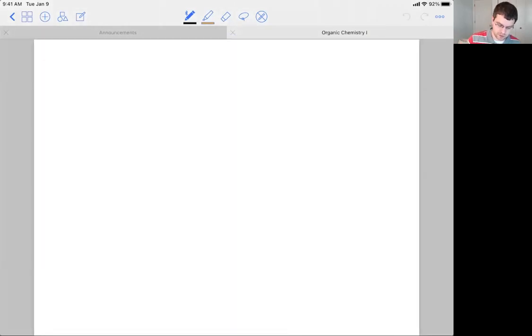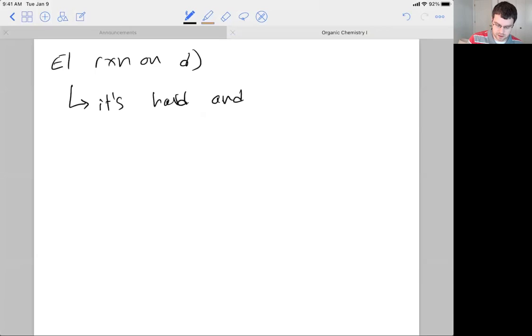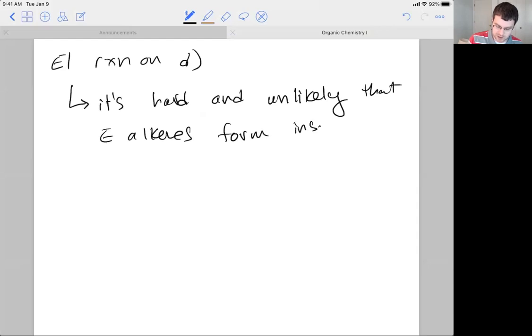What I'll start with, E1 reactions are on letter D, is that we should recognize that it's hard and unlikely that E alkenes form inside rings. Okay, let's look at that.